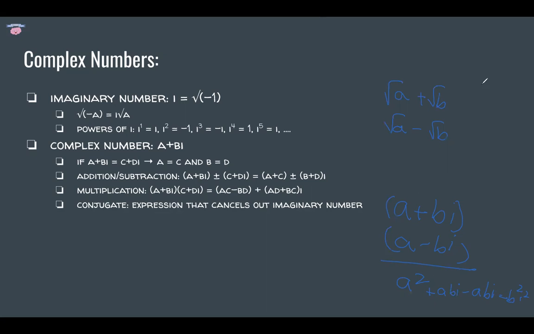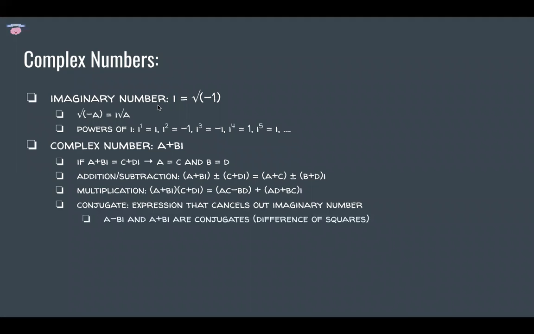And that's just basically plus b squared. And since these cancel off, you're left with a squared plus b squared. No imaginary number whatsoever. So right, like I said, they're the difference of squares, and their product is a squared plus b squared.